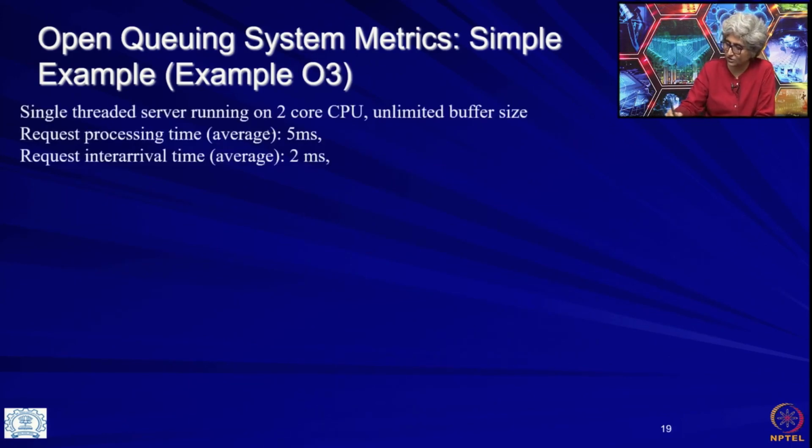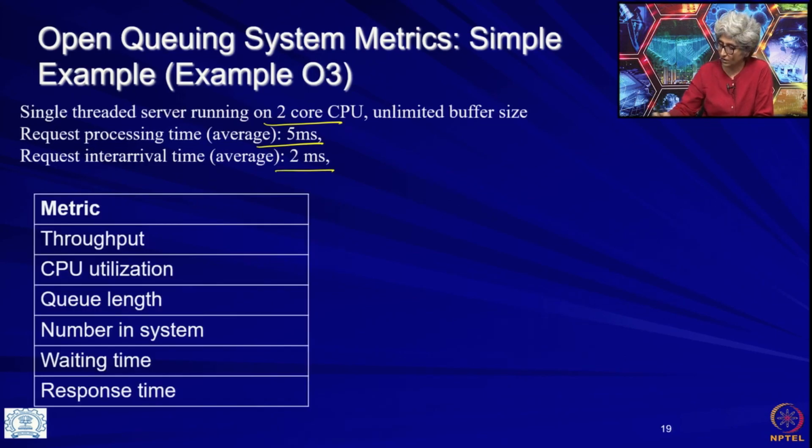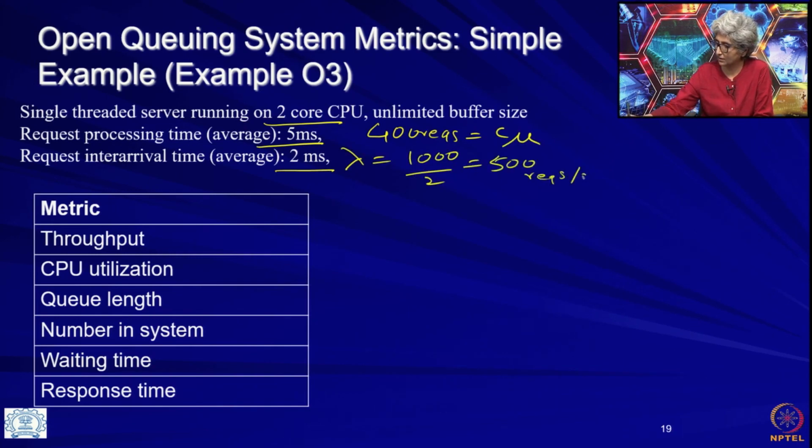What I have done now is all of this is the same, 2 core CPU, request processing time is 5 milliseconds, but request inter-arrival time is now very less, it is 2 milliseconds. So, what is happening here? We still have 400 requests per second as the C mu, but lambda is now 1000 by 2, which is 500 requests per second, okay.